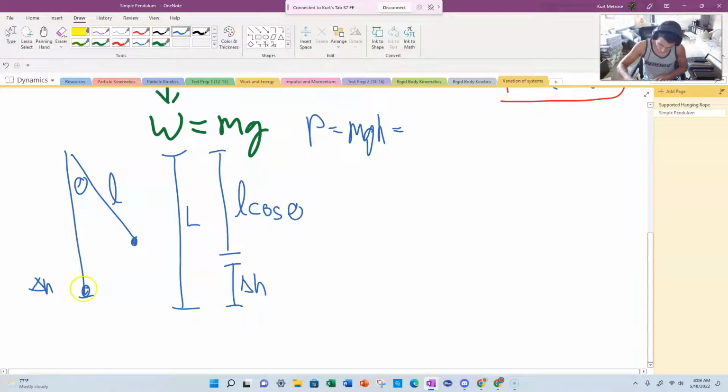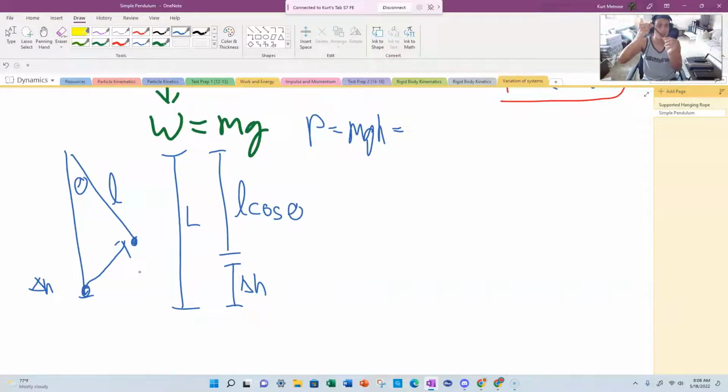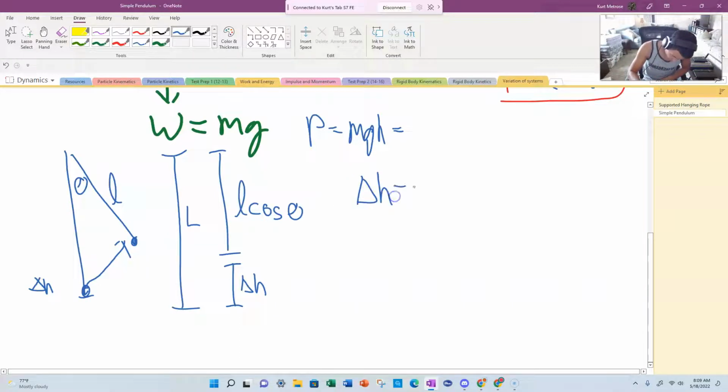It's just moving up, and if it moves up, then we have to use cosine theta to describe the height of where the mass is. That's the important part. But at the bottom, we can just describe where its mass is using the pure length. So in other words, change in height is equal to L minus L cosine theta. That's all it is.